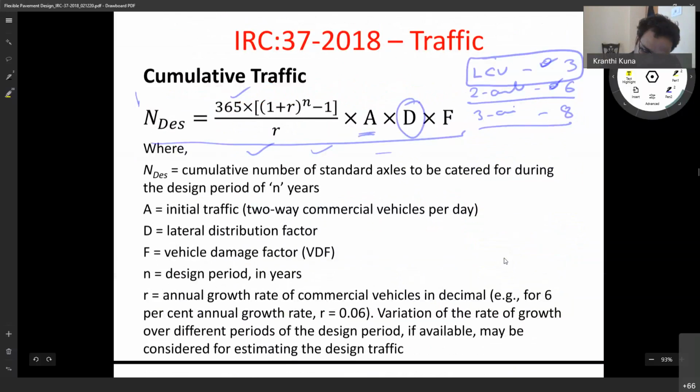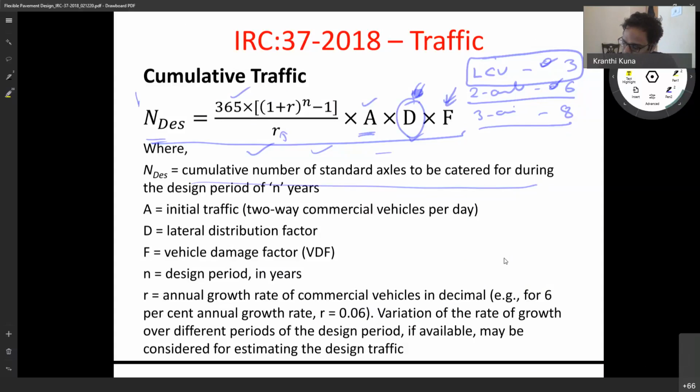This part as well we discussed, but we will discuss with an example tomorrow, so it will be more clear. If your end design is cumulative number of standard axles, and it is a small project, you can directly use the default values given in IRC. A is initial traffic, F is vehicle damage factor, D is lane distribution factor. Apologies, I was talking about D, not F; F is vehicle damage factor.